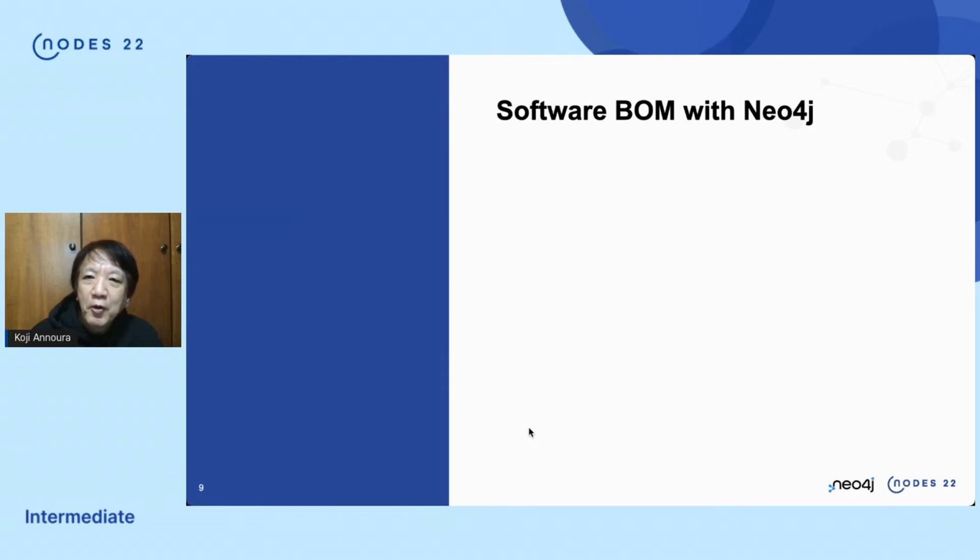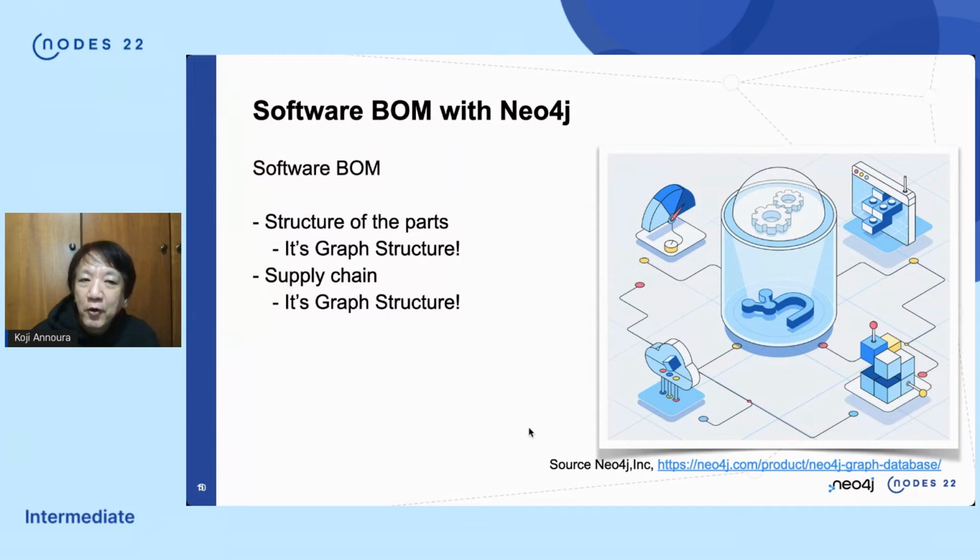Okay, Software-BOM with Neo4j. Software-BOM is a structure of parts. Please imagine a car or scale models, a structure of parts. It's a graph structure, which is best for Neo4j.